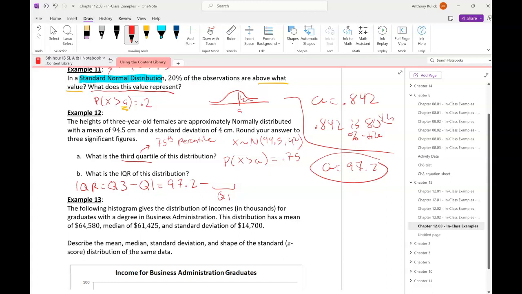So I do inverse norm, then the area. Mean is 94.5. Standard deviation is 4. So that's 91.8. Okay, when you subtract, we get 5.4. Good.